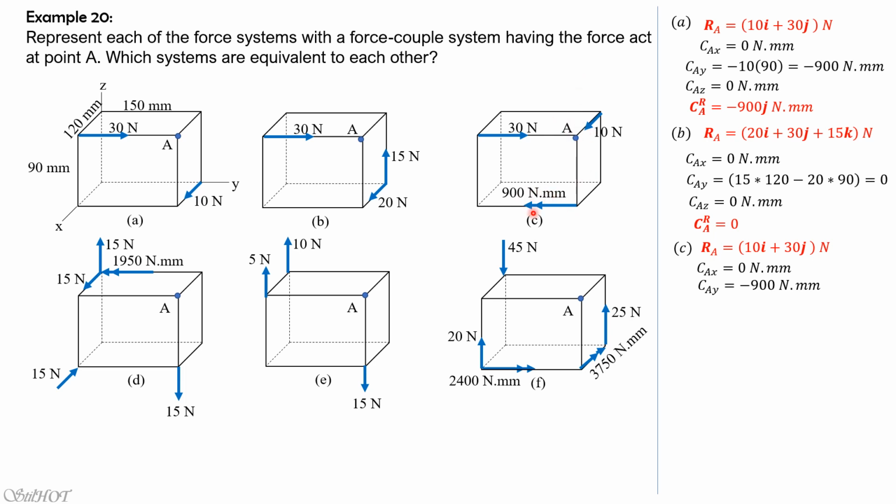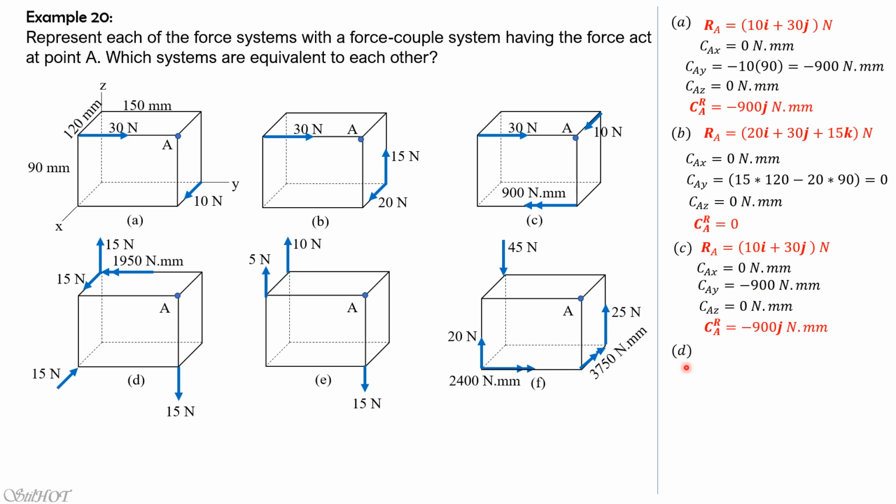And since this is an independent couple, negative 900 Newton millimeter about the AY axis, CAZ is 0. So the resultant couple about A for the force system in C is negative 900J Newton millimeter. Notice that the force couple system in part A is equivalent to the force couple system in part C. So A and C are equivalent.